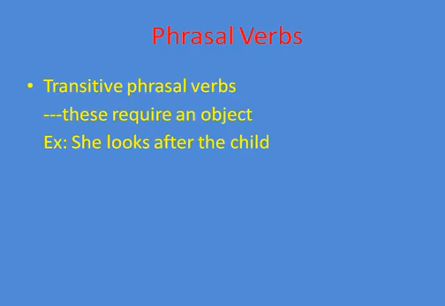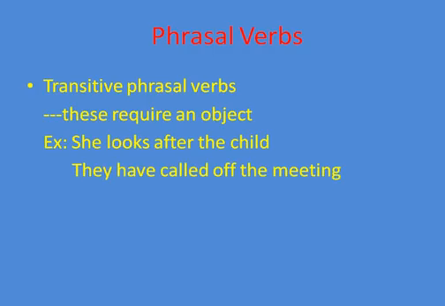As this is a sentence in which the subject is third person, the verb takes the S form, so she looks after is the phrasal verb. Now this particular phrasal verb doesn't convey any meaning without an object. So here it takes an object compulsorily. So she looks after the child.